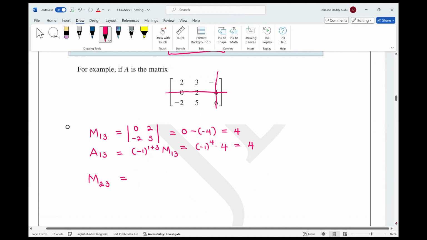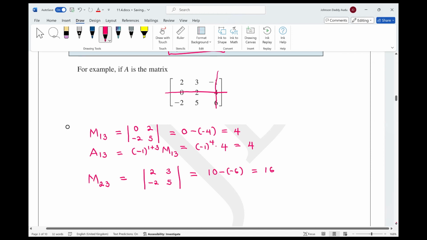And this will give us the determinant of 2, 3, minus 2, and 5. And this will be 10 minus 6. And this is going to give us what? 16.